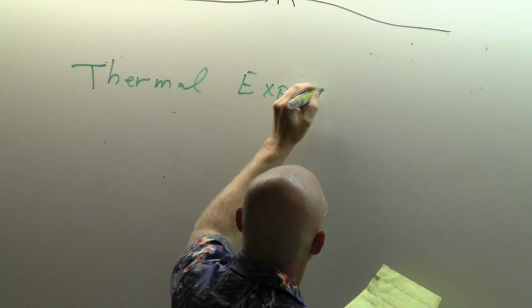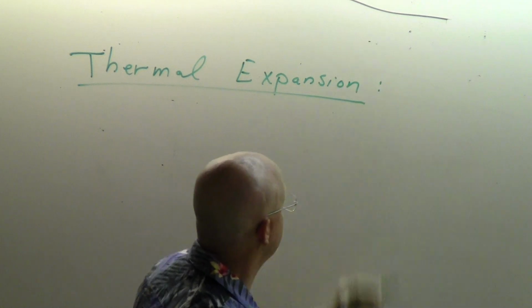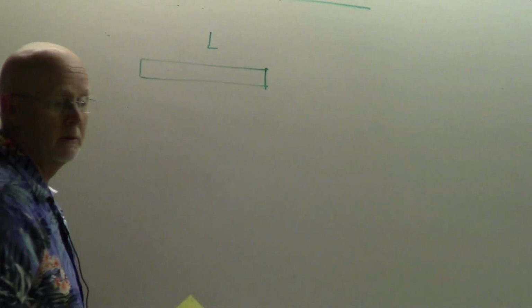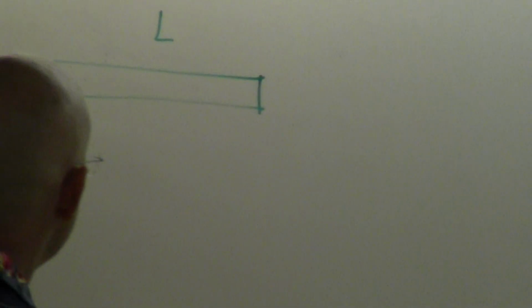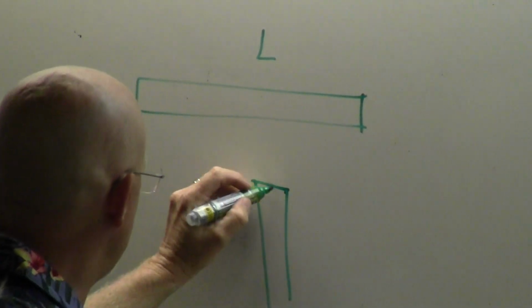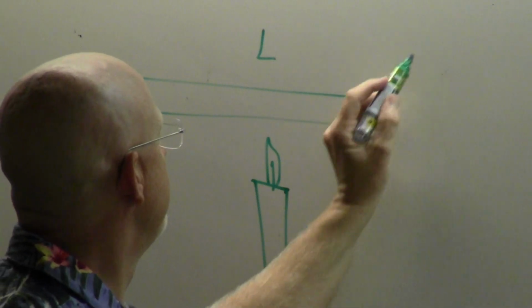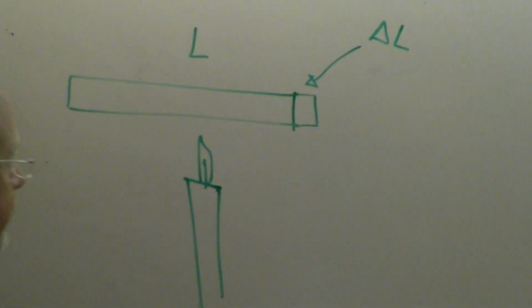As I wrap up this chapter, let me go to thermal expansion and say that if I had a rod of length L, and if you remember when I did it, it was 1 meter long, and I heat it up, and here I put a flame underneath it, it will get bigger by a distance of delta L.